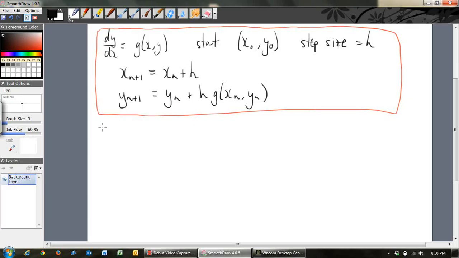Okay, so let's just go to an example. I'll try to fit it on one page so you can have this here while I'm doing the answer.